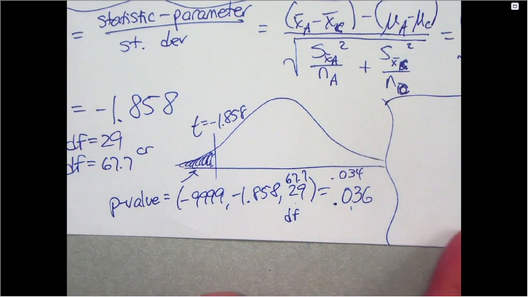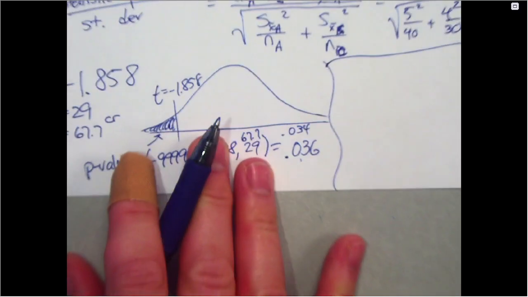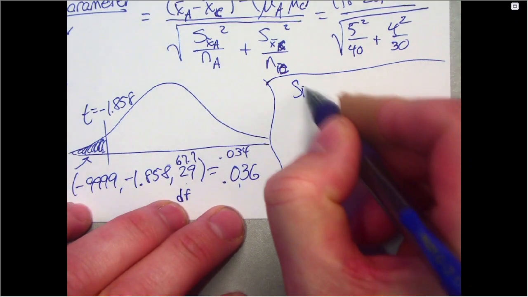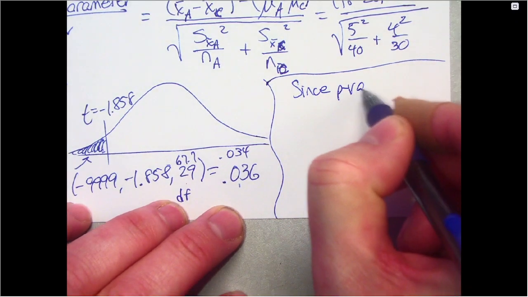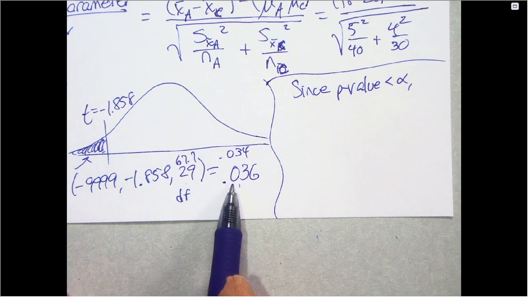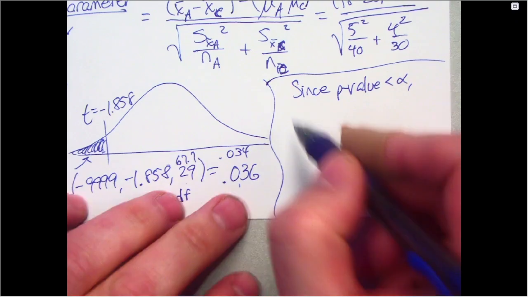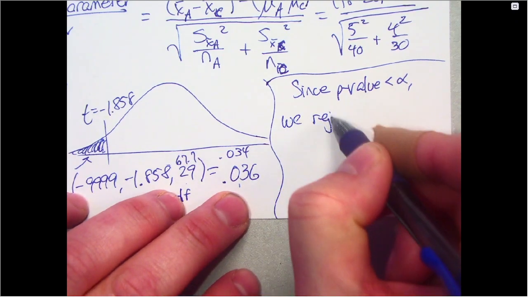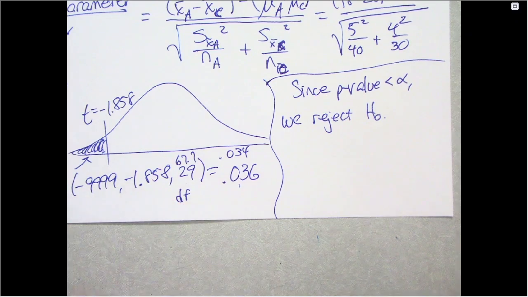And then I got this little tiny space left for my conclusion. So since the p-value is less than alpha, because 0.036 is less than 0.05, we reject H0.